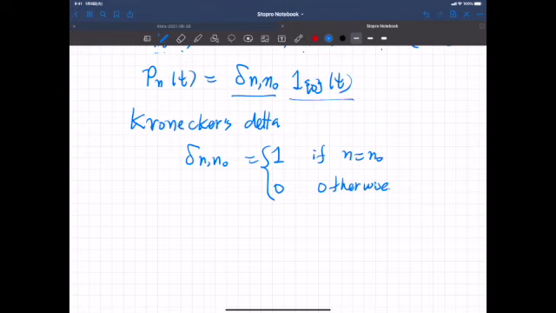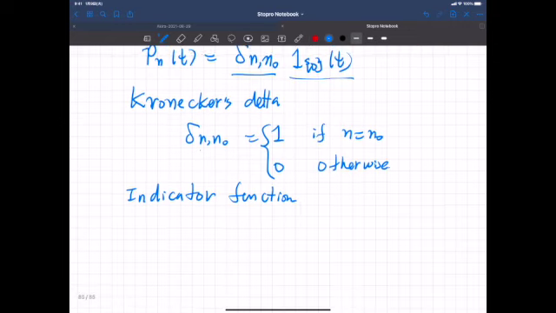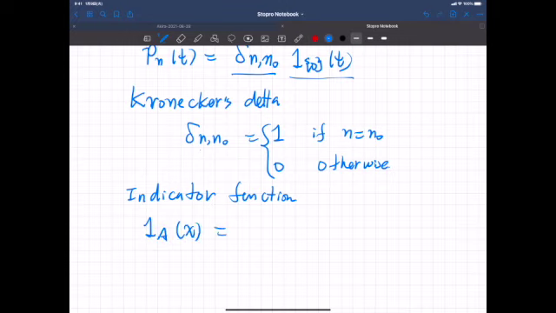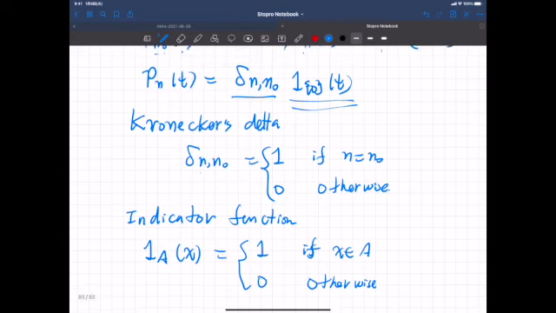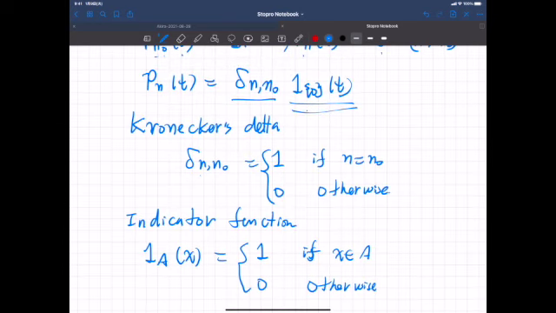And this one is called the indicator function. Let A be a set, and the indicator of x is equal to 1 if x is in A, otherwise 0. So in this case, this is the initial condition.